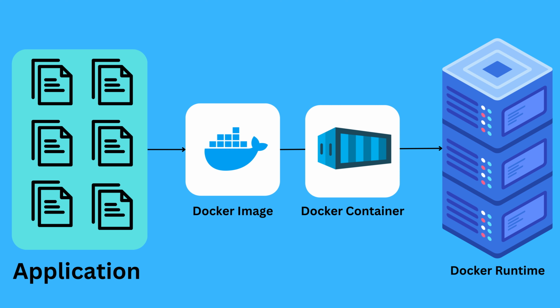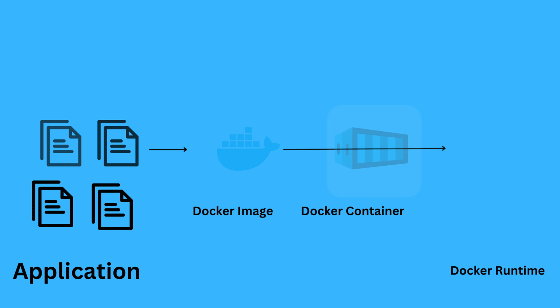So it is very easy for you to migrate your application into a production environment or multiple environments with one Docker image. That way it will be easy for you to migrate your application into the server every time. And that is not the only solution, it provides a lot of other solutions to the developer as well.